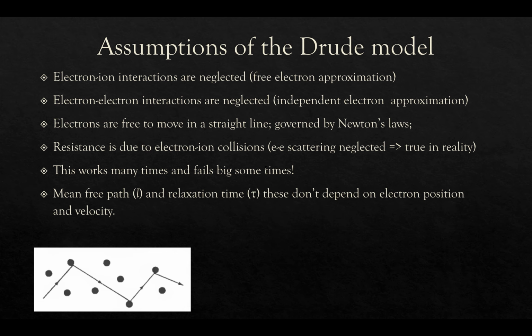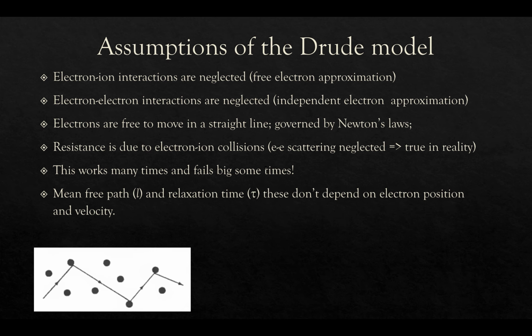I can just multiply everything by n, the total number of conduction electrons, and I will get the property of the solid. Of course, a very simplistic approximation. It's not correct in all situations, but we must understand what our understanding in this course should be. When does the free electron approximation fail?